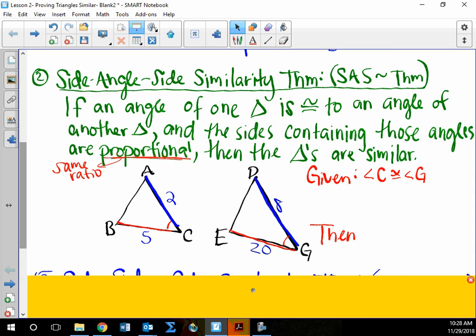Angle C and angle G are the same. And then we have BC is measure 5, AC is a measure of 2, EG is a measure of 20, and DG is a measure of 8.